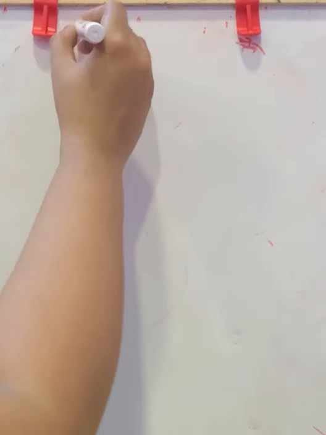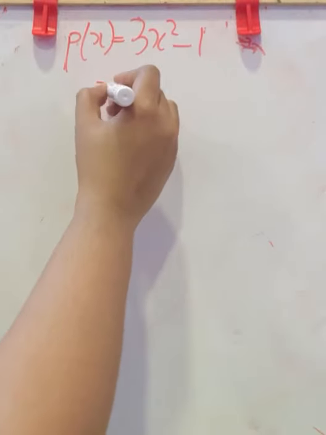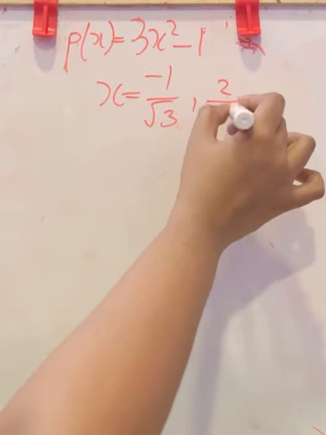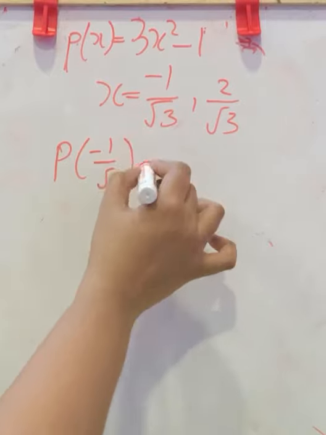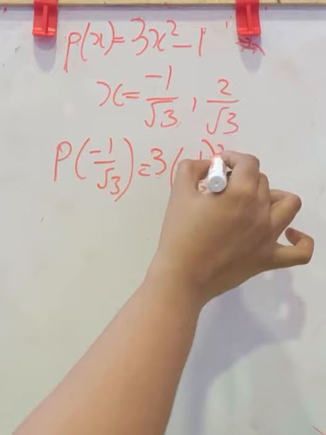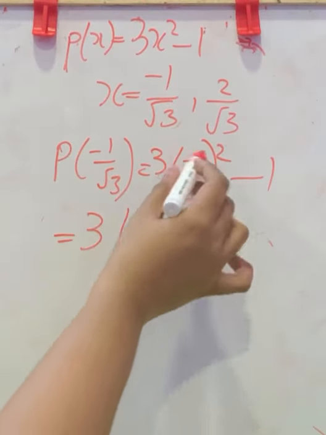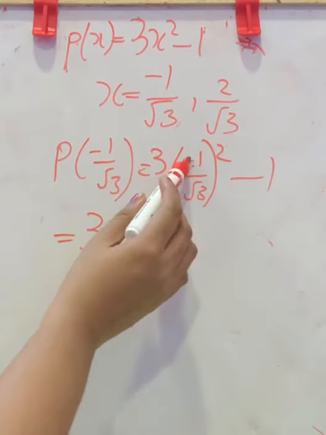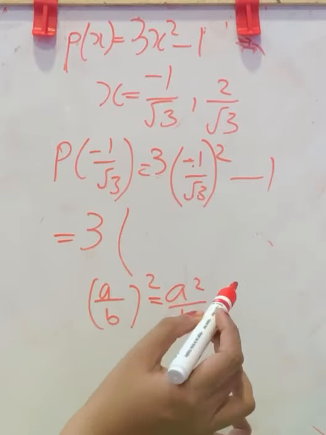Next is P of x is equal to 3x square minus 1, with x equal to minus 1 by root 3 and 2 by root 3. First we will find P of minus 1 by root 3. Then we substitute 3 into minus 1 by root 3 whole square minus 1. Here a by b whole square means a square by b square.